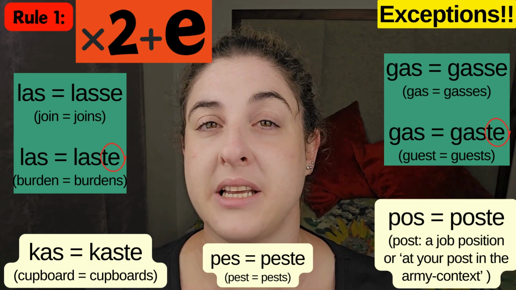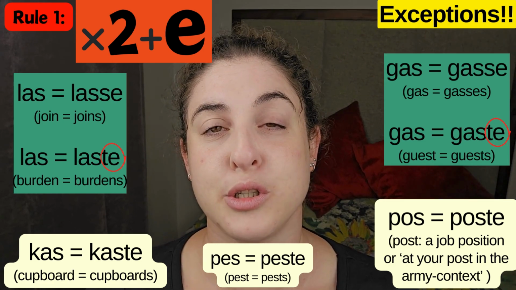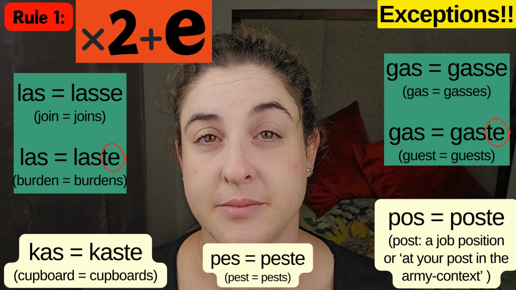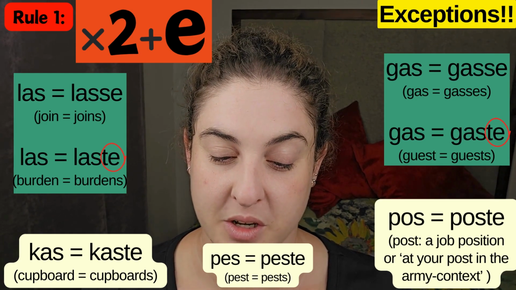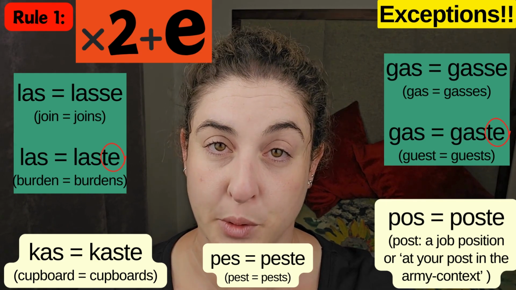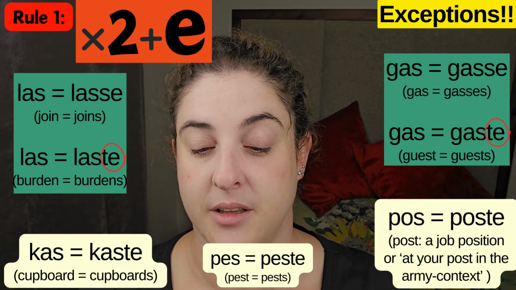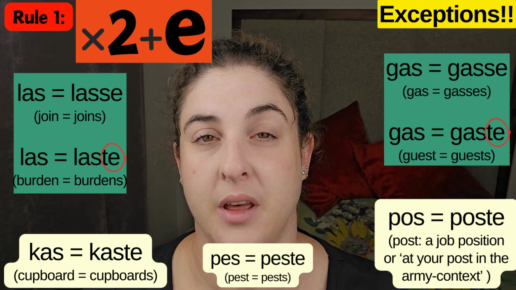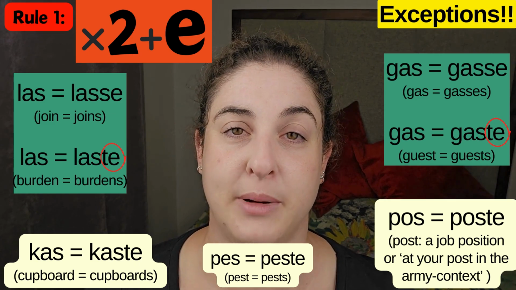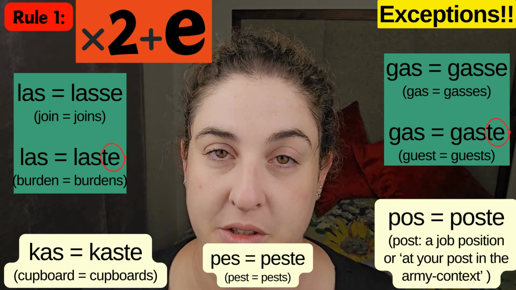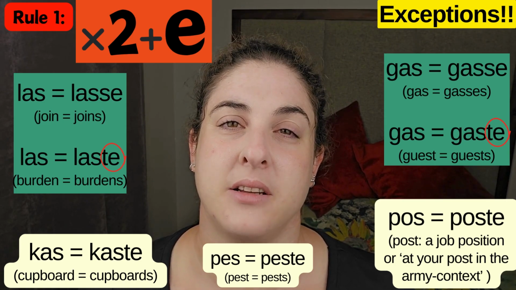Pes, peste. Bos, boste. And you'll see there, in this case, we also have pos, like the post, a job position. Because you get another pos in Afrikaans, which is mail. But this is not the one I'm referring to here, because mail doesn't have a plural.